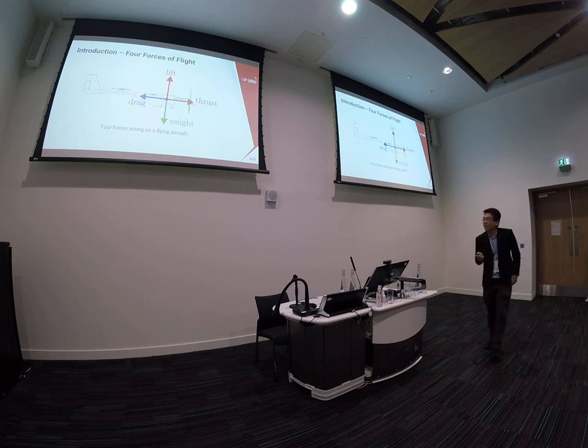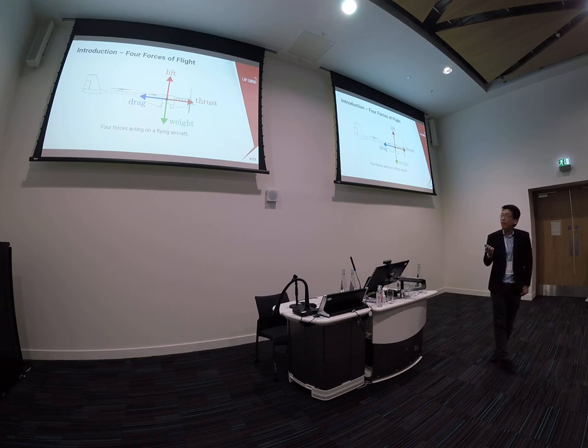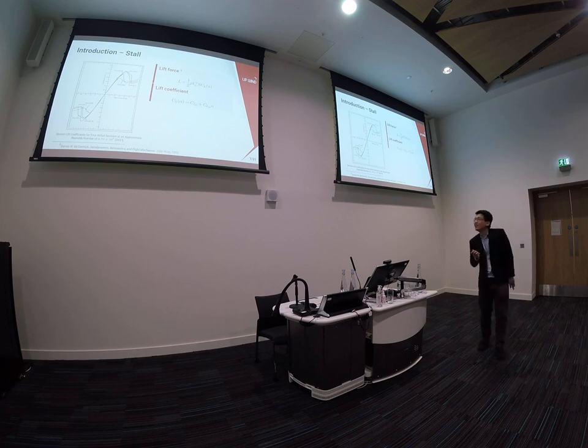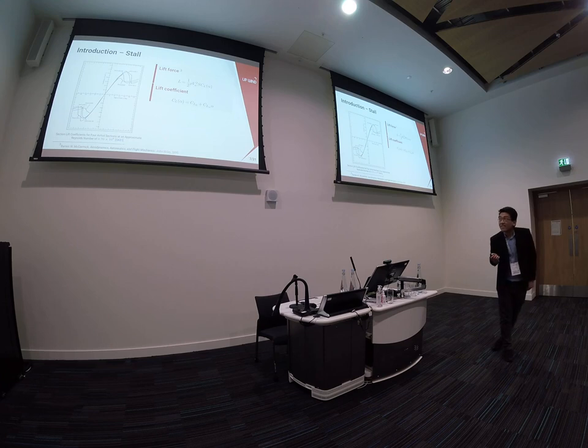All flying aircraft are subjected to four forces that we already know, and our main focus is the lift force. The lift force has the most common equation as a function of the air density, airspeed, wing area, and the lift coefficient. The lift coefficient is usually modeled as a linear function of the angle of attack. You can see in this figure, in the small region of angle of attack, the lift coefficient is a linear function.